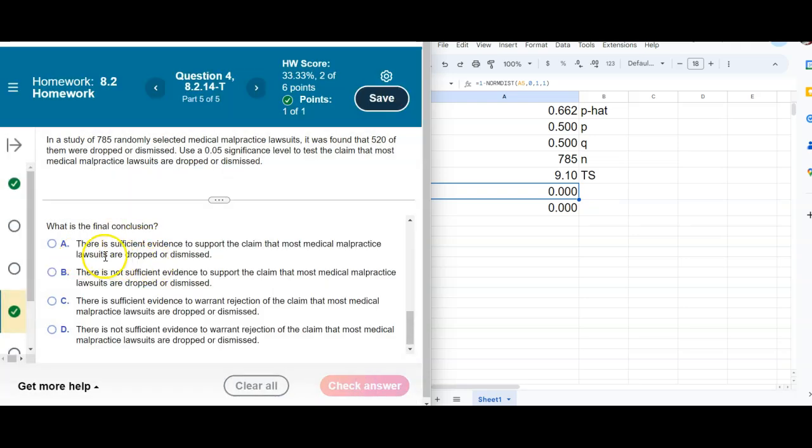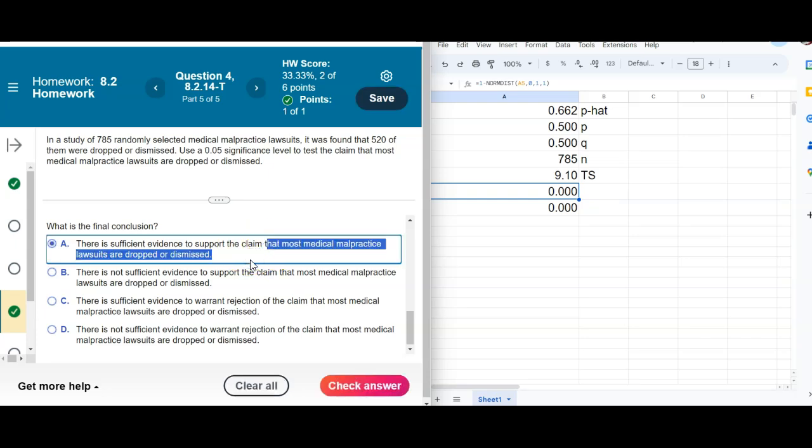Alright, our final conclusion. Anytime we reject the null hypothesis, it's because there is sufficient evidence. So it's going to be either A or C that say there is sufficient evidence. B and D both say there's not sufficient evidence. There is sufficient evidence to support the claim that most medical malpractice lawsuits are dropped or dismissed. That's just the alternate hypothesis that we started off with.